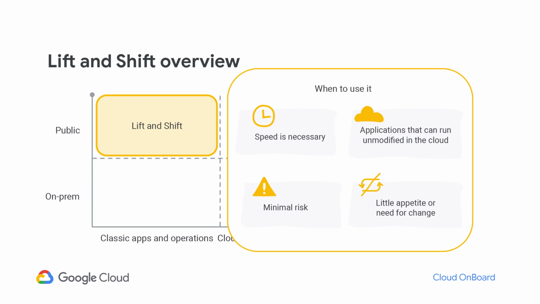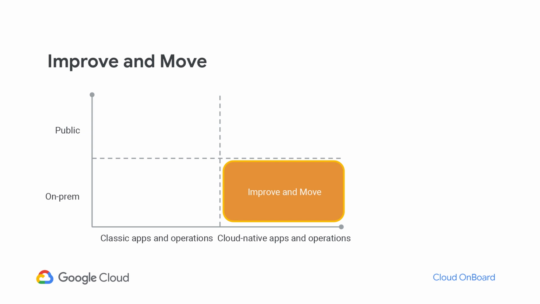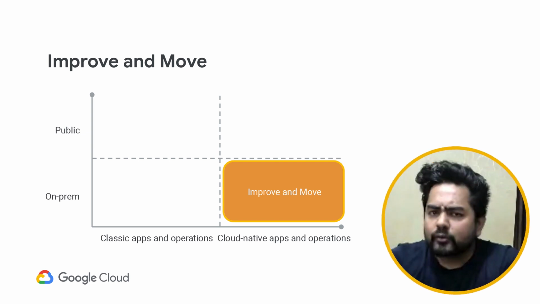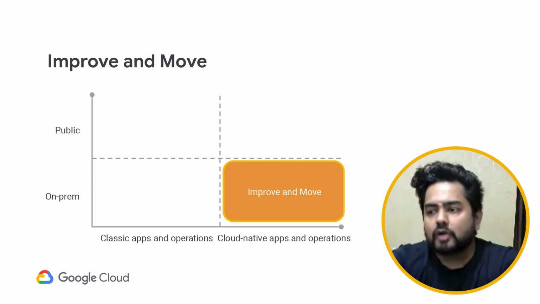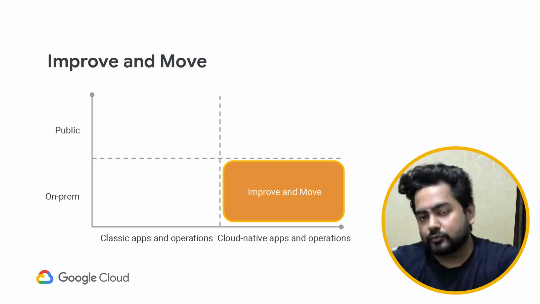So once we have lift and shift, what next? We have improve and move. One of the migration strategies is improve and move migration, where you modernize your application or workload to suit the environment you're trying to move to, which is the cloud.